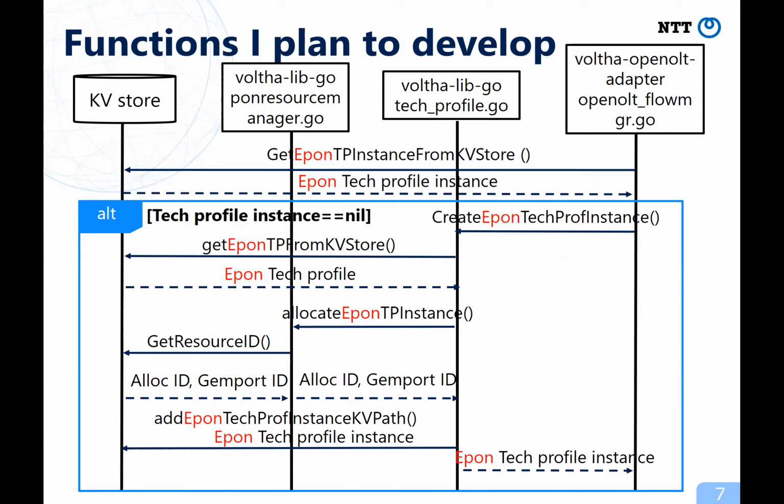The tech profile module itself can decide what technology it is from the tech profile. So you could still use the same API, and the technology profile module could decide the technology based on the technology profile, because there is a field meant for it. So as much as possible, keep the OpenOLT adapter technology agnostic. Is that possible?